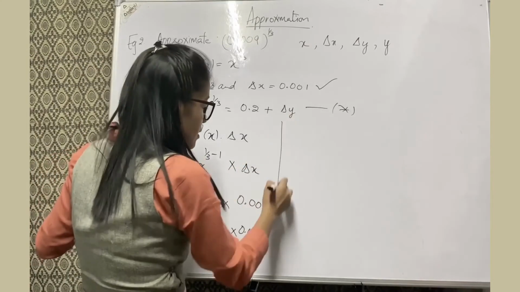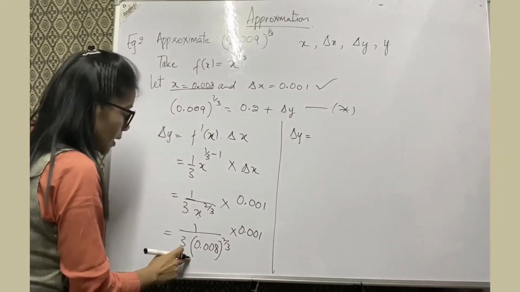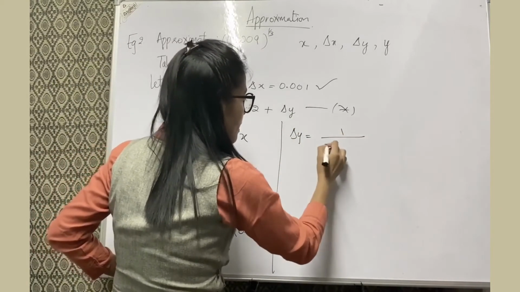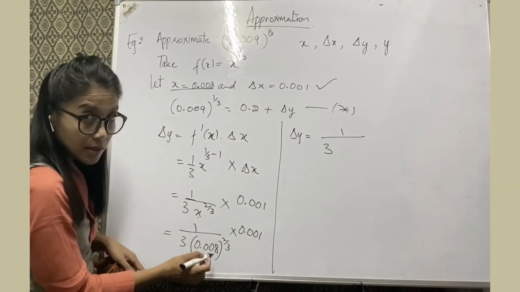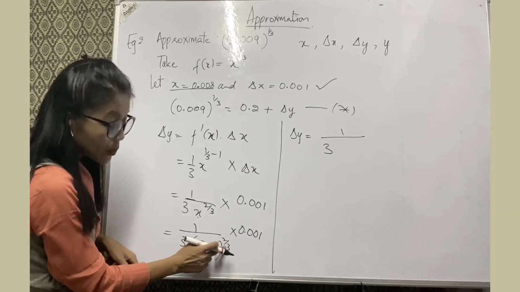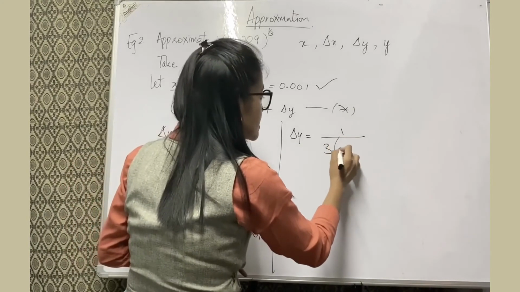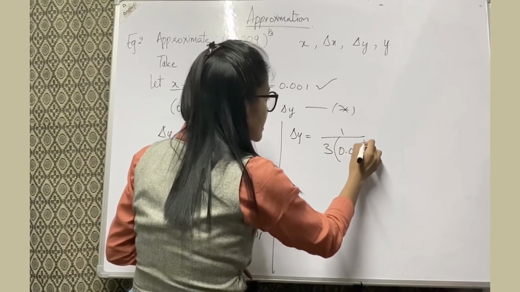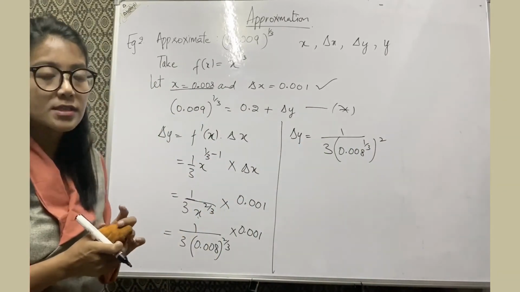So this I can write it as delta y is equals to 1 upon 3 into, okay. So first, since this is a cube number, okay, I will separate this as 2 into 1 upon 3. So 1 upon 3 I will bring it inside. So I will write 0.008 raised to 1 upon 3 into 2. I can do that using the law of exponent, right?